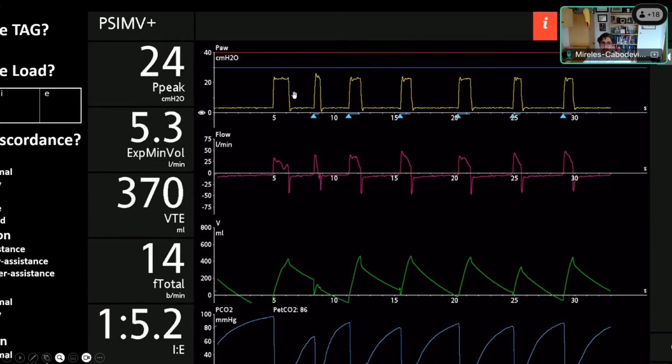And you can see a mandatory breath, and that mandatory breath has evidence of PMOS here. So this is another nice early trigger event. And then after that, you see all these patient triggered breaths, and the mandatory breaths are suppressed. So it's IMV type 2, right? And then you can see that the breaths now are triggered by the machine, and I don't know what it's using. It's using its algorithm.